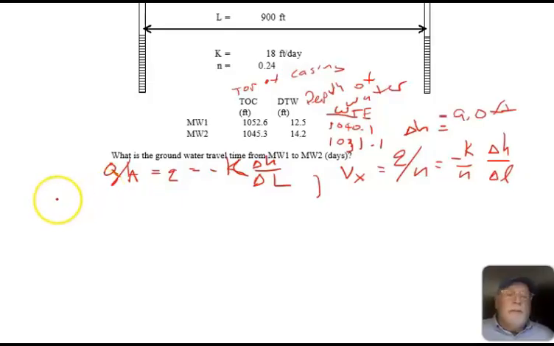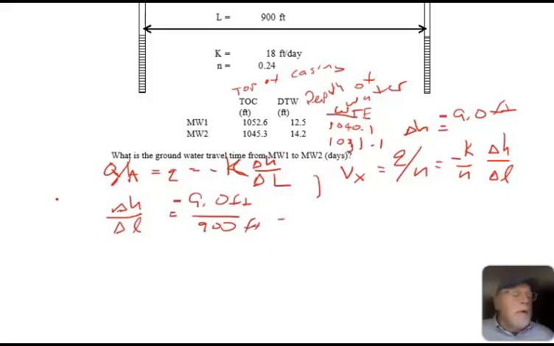So our gradient, our change in head over length, equals 9.0 feet over 900 feet equals 0.01. We can put units on, feet per feet. Remember, it's negative. So I say, what's the groundwater gradient? It's 0.01.